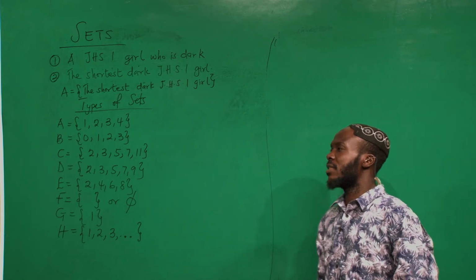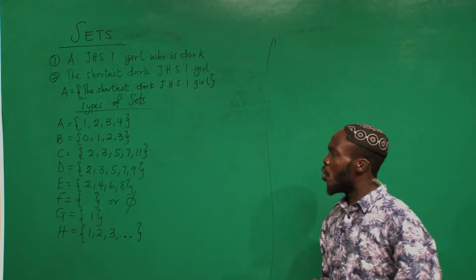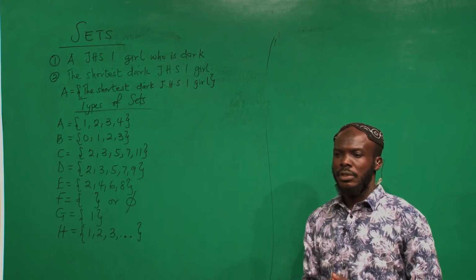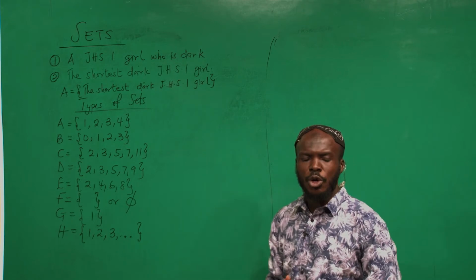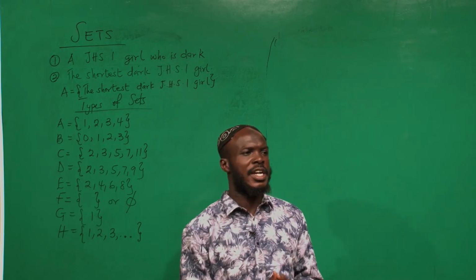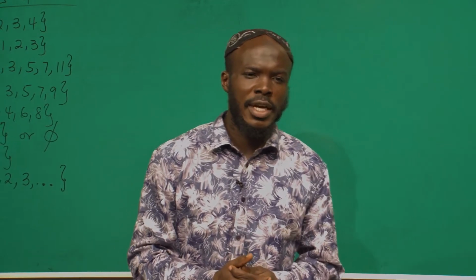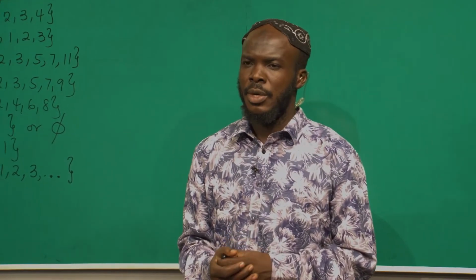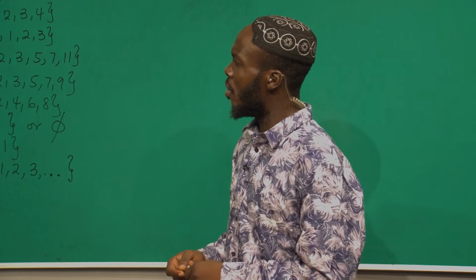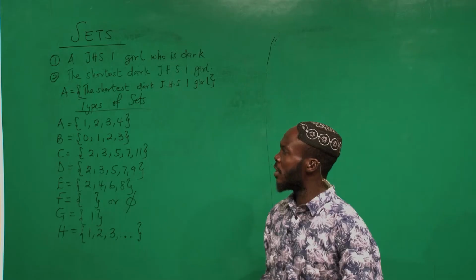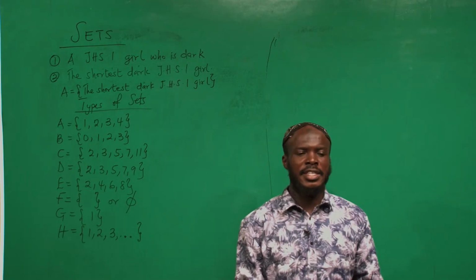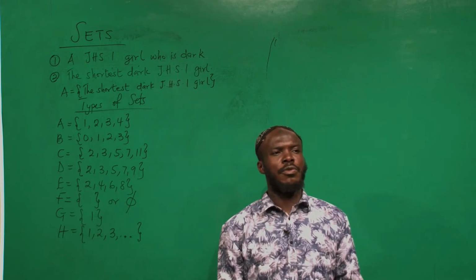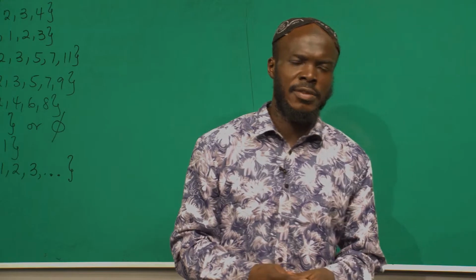Okay, we have a set of whole numbers. And we said a set of whole numbers are sets which start from 1 and end at infinity. Then we have a set of counting numbers which starts from 1 and ends at infinity, whilst a set of whole numbers starts from 0 and ends at infinity.